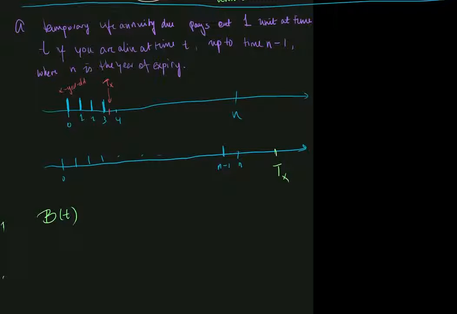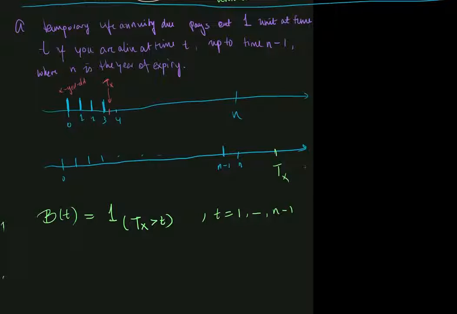So the way we write this is b of t is equal to 1 if and only if we're standing at a time t that is before our time of death, and only if t goes from 0 up to time n minus 1. Now in the book you might notice that they write t going from 1 up to time n minus 1.